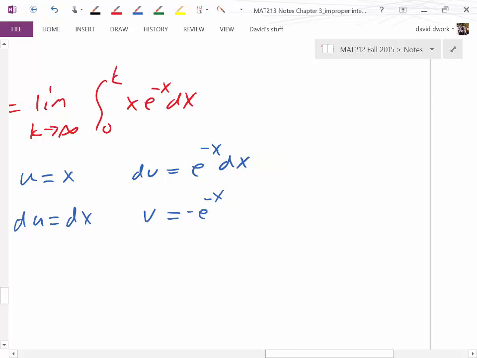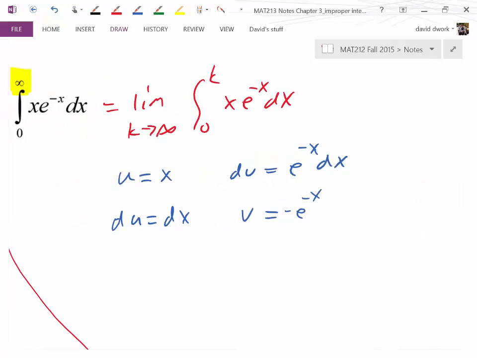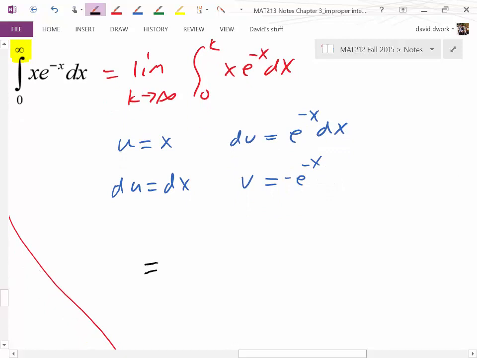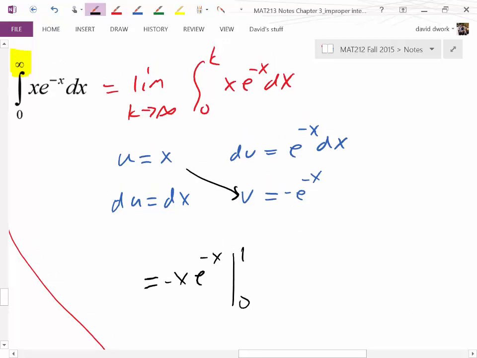Okay. So there we go. So now we're doing a little by parts, which is fantastic. No problem to us. So what we will do is we'll say, all right, it's my diagonal. It's x times negative e to the negative x, evaluated from 0 to k.